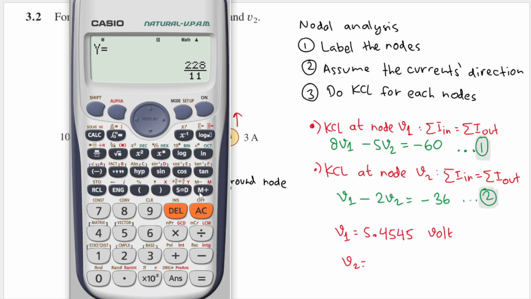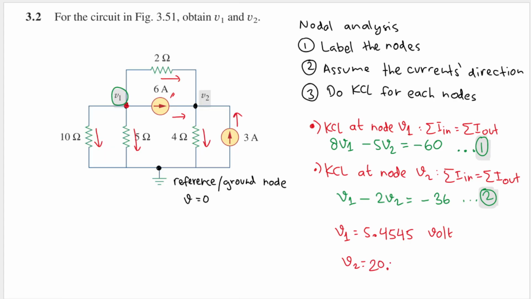Okay, V2 is the Y value here, and that will be 20.72, then 73. And the unit here will be in volt. And I think that is the final answer for this question here, V1 and V2. So we get V1 here, and we also get the V2. The value of V1 is this one, and the value of V2 is this one.